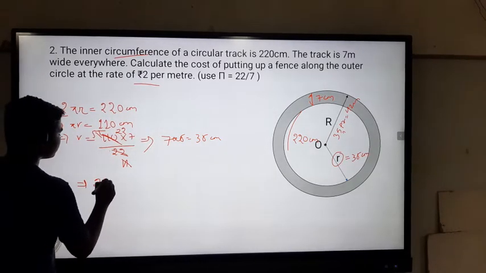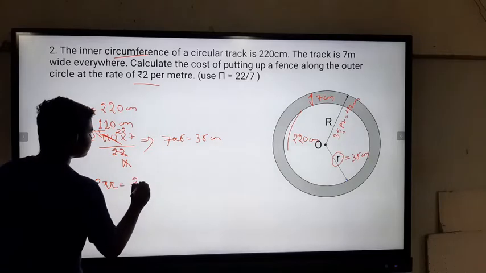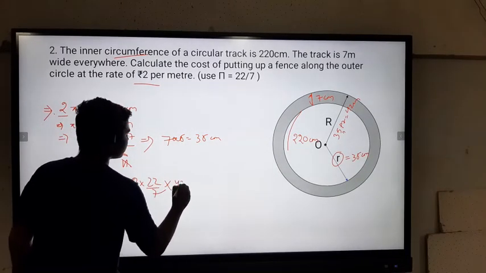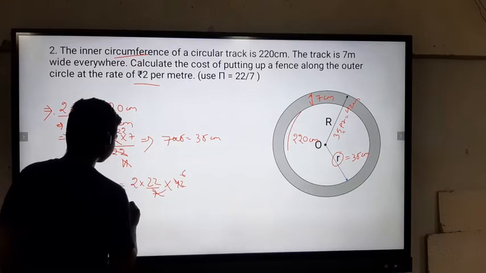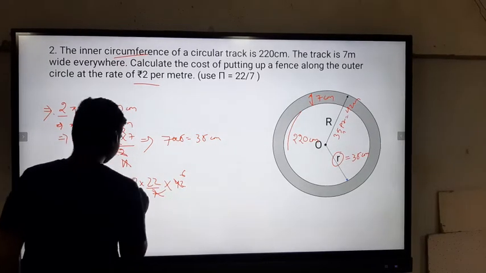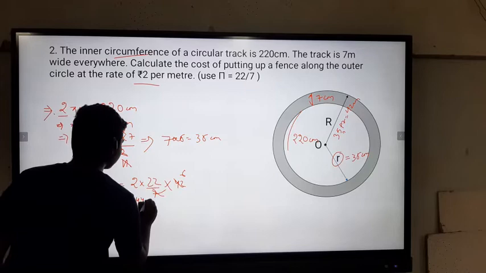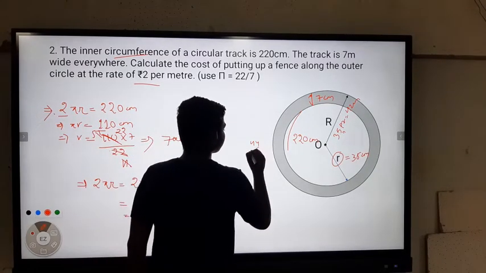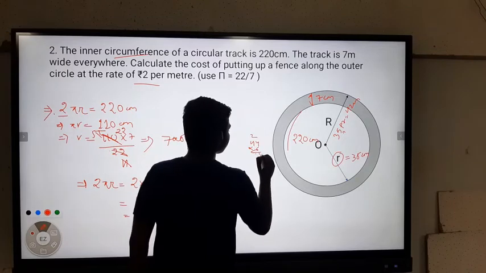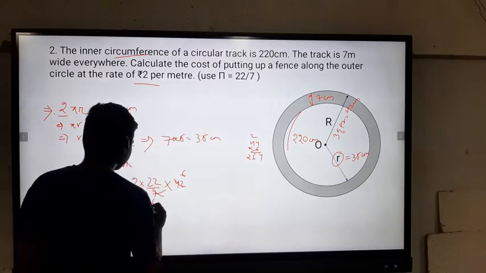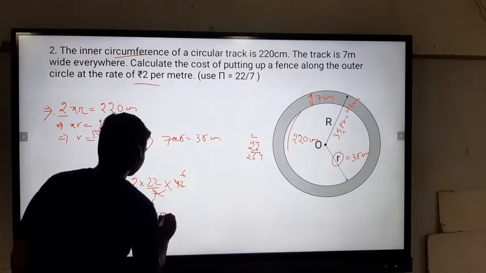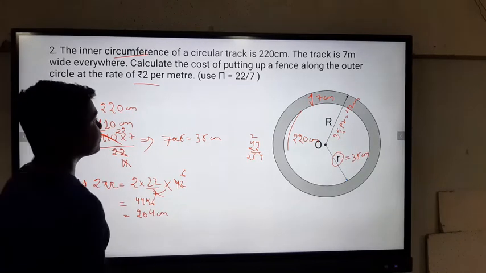So 2 pi r equals to... So we have got the circumference of the largest circle.